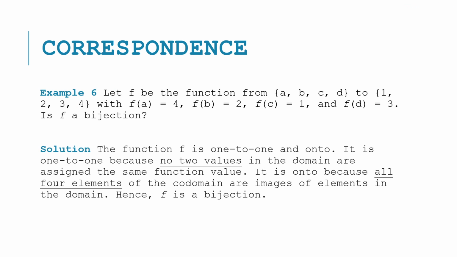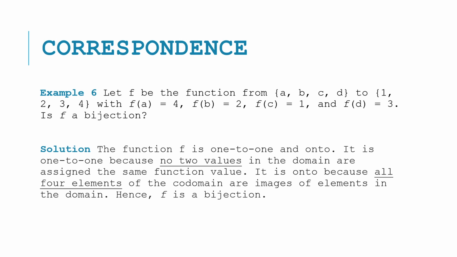So here, let f be the function from a, b, c, d to the set 1, 2, 3, 4 with f of a equal to 4, f of b equal to 2, f of c equal to 1, and f of d equal to 3. f would only be a bijection if it's both onto and one-to-one.